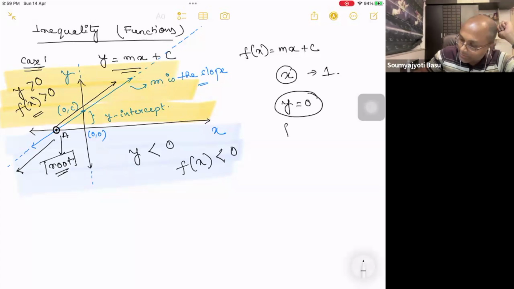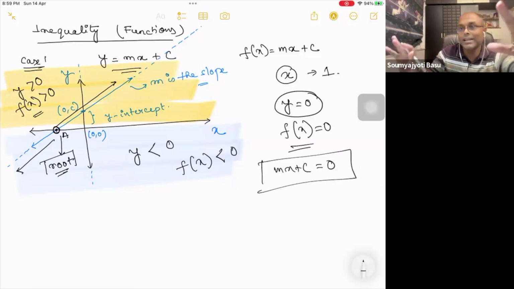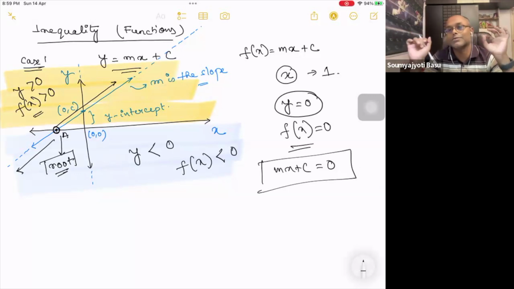That means the function is equal to 0. Now, refer to my previous class. If you do y equals 0, basically what you are doing is mx plus c equals 0. What is that? That's the equality, solving the equation to find out the value of x for which the function is equal to 0. You are finding out the root.